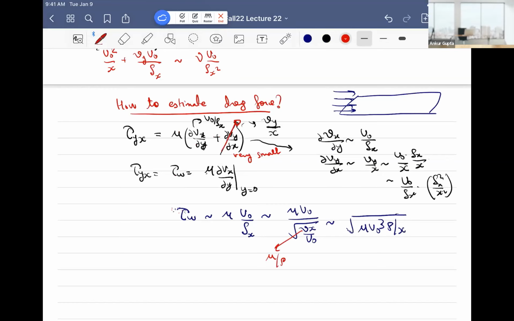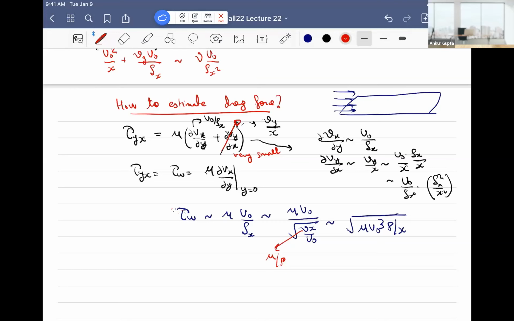Please convince yourself that this is what you get. Any questions? Because there is a mu here, it has a mu also in the denominator, so that cancels out one of the mu, right? Does that make sense?